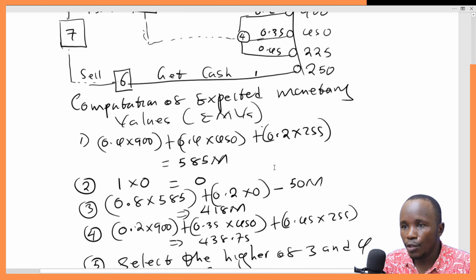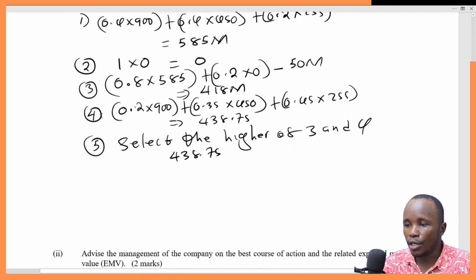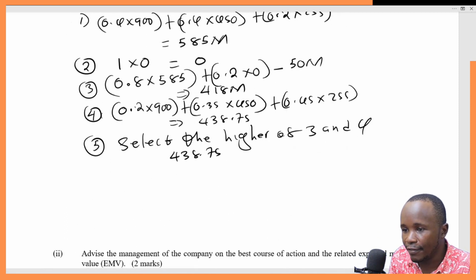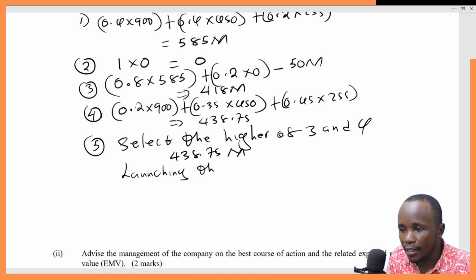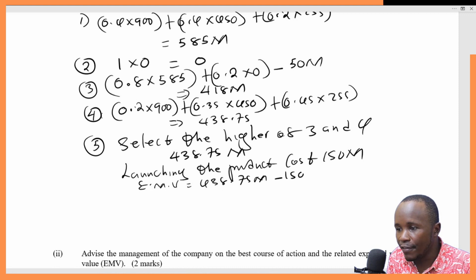But you see, at this particular point here, remember, you need 150 million. So I will select 438 million, but launching the product costs 150 million, meaning the expected monetary value here will be 438.75 million minus 150 million.